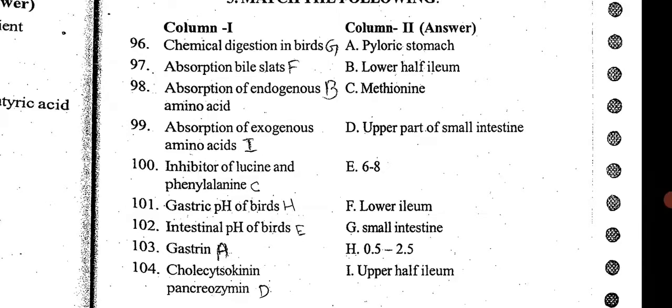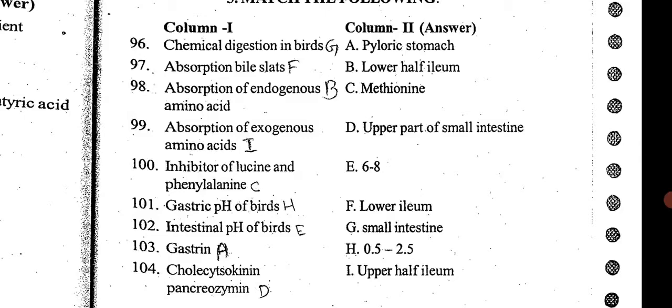Exogenous, or external, amino acids are absorbed first, and internal, or body, endogenous amino acids are absorbed later.